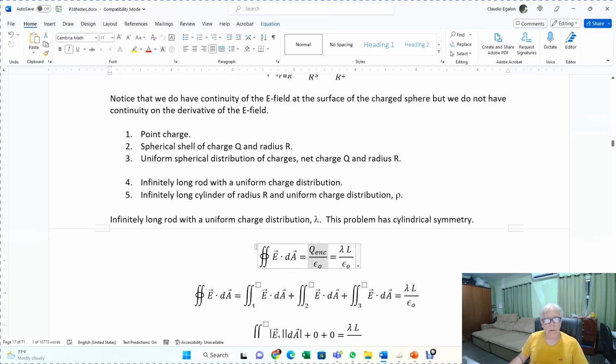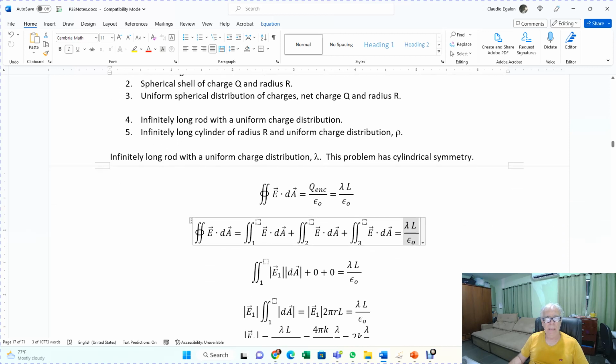The Q enclosed is going to be my linear charge density times the length of the cylindrical surface, lambda L. So this integral can be broken down into three integrals, for the three surfaces that you saw: the lateral cylindrical surface, and the two planar caps, the two discs at the end of the cylinder, 2 and 3. It's still equal to lambda L.